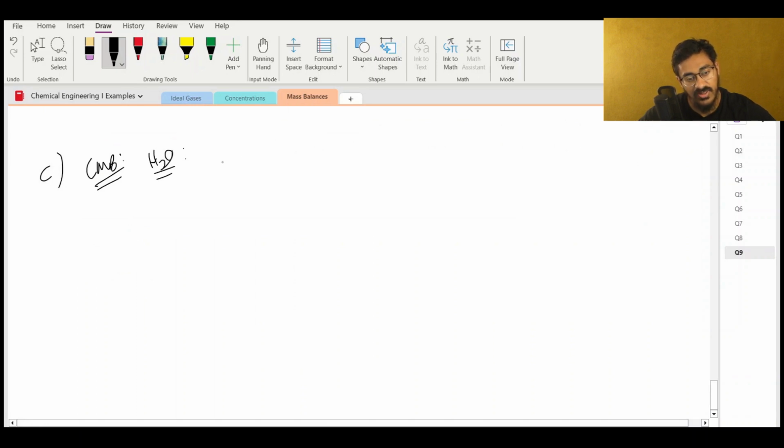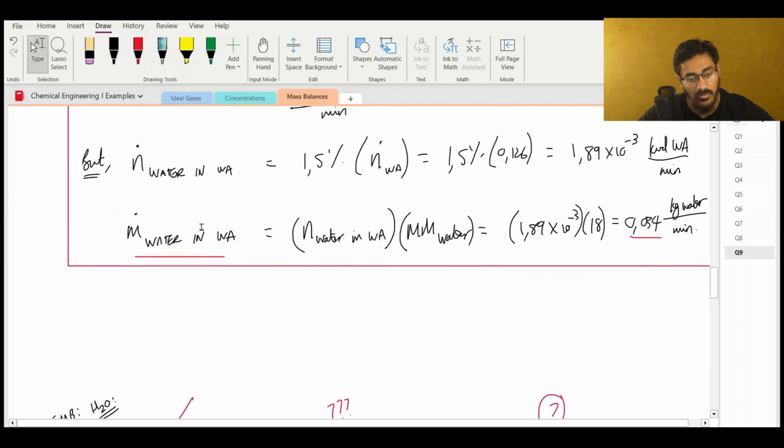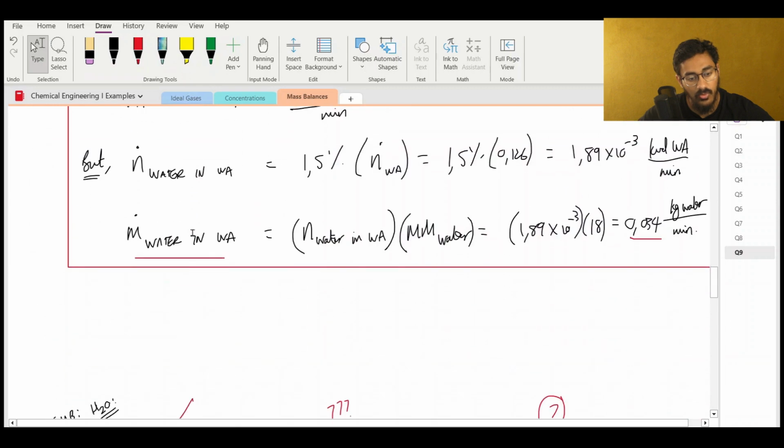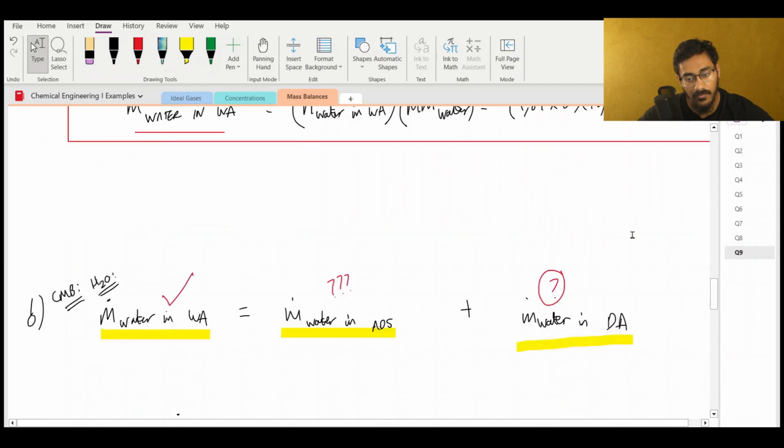And it basically says to you that the mass of water in the wet air must equal the mass of water in the adsorption stream plus the mass of water in the dry air stream. So how much water was in the wet air stream? We can go up and check that out. We worked it out here. Mass of water in the wet air stream, 0.034.